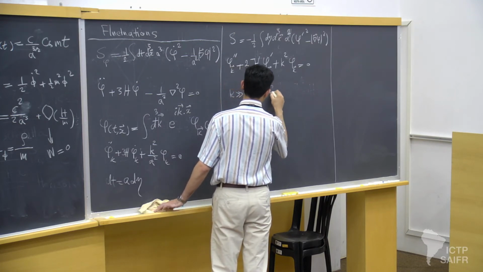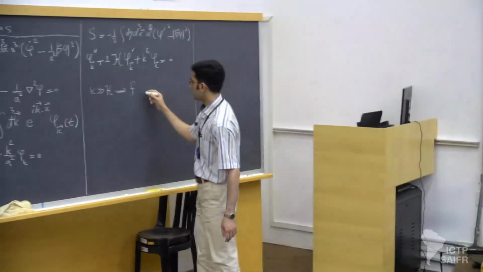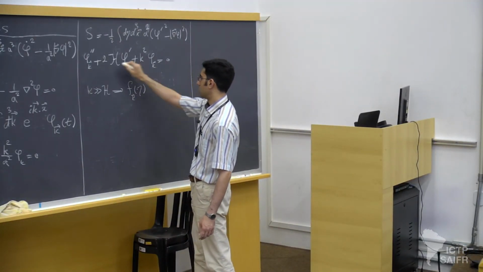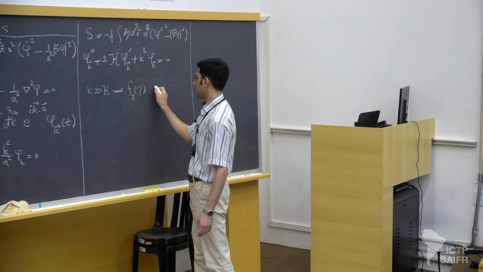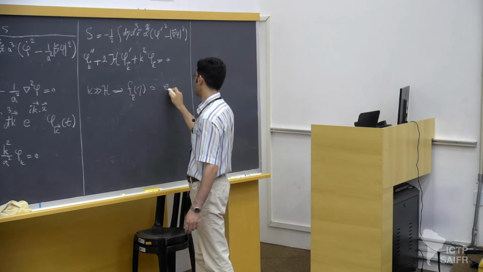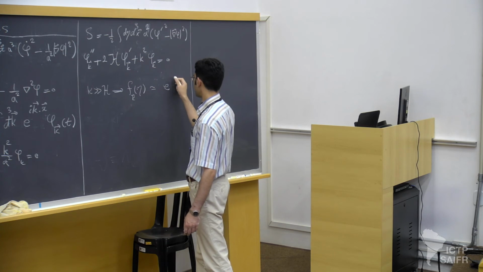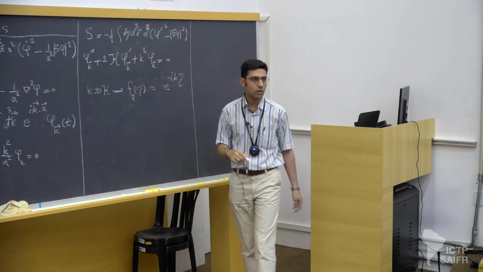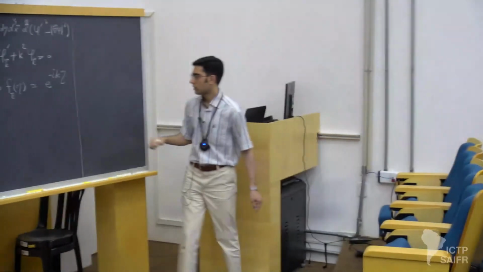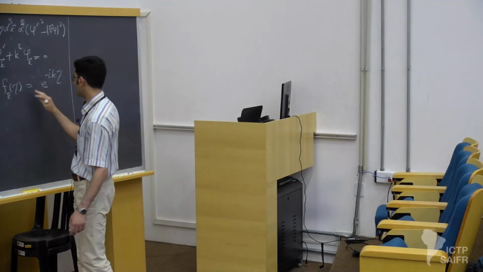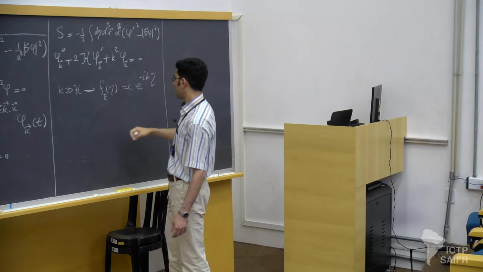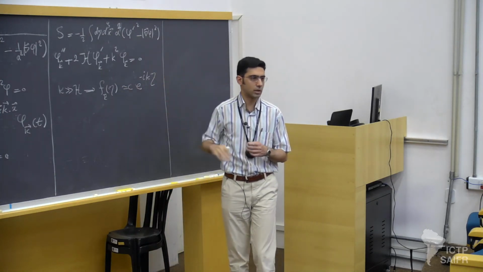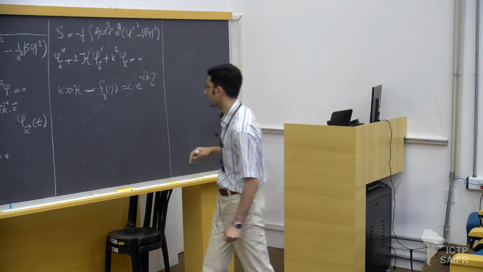Then there will be a positive frequency solution, f_k of eta, of this equation that would be approximately given by e to the minus i k eta, with some coefficient c. And of course, the other independent solution of the equation is the complex conjugate.